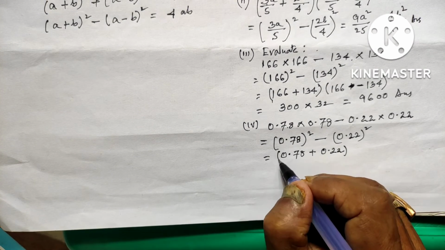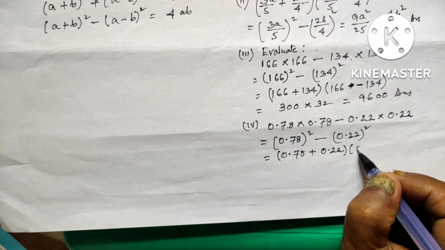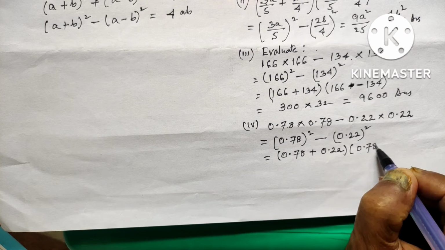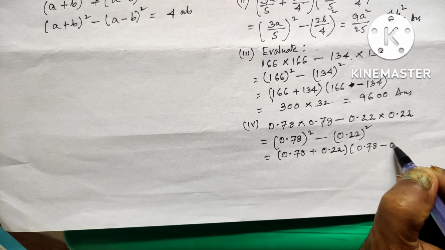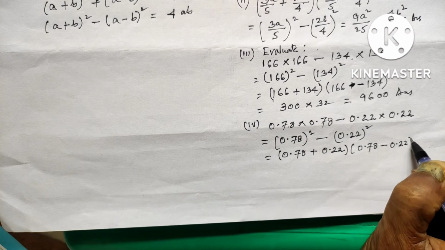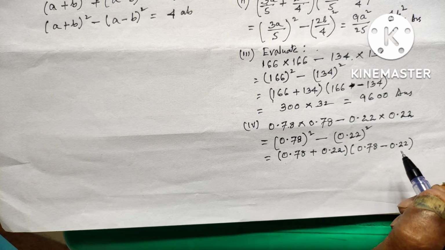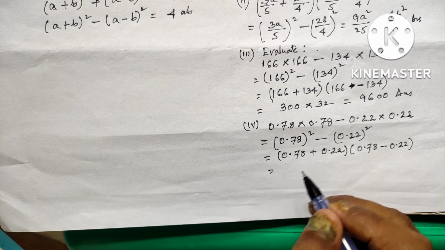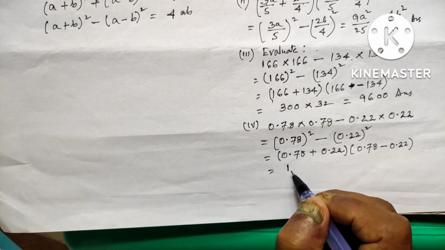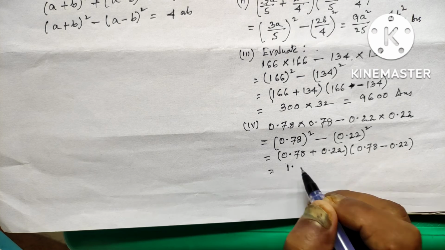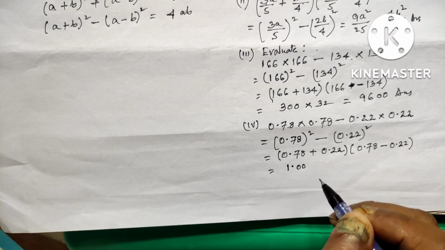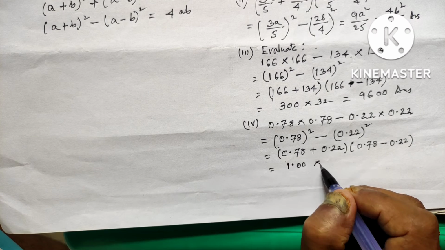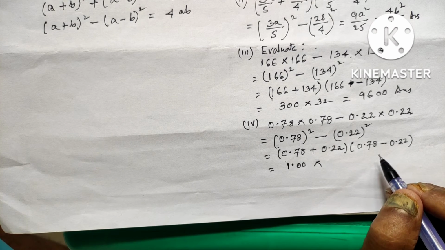This is one part, and another part is 0.78 minus 0.22, and over here, once you do it, you are getting one whole, remember, 1.00 in fact, into, over here if you subtract, how much are you going to get?